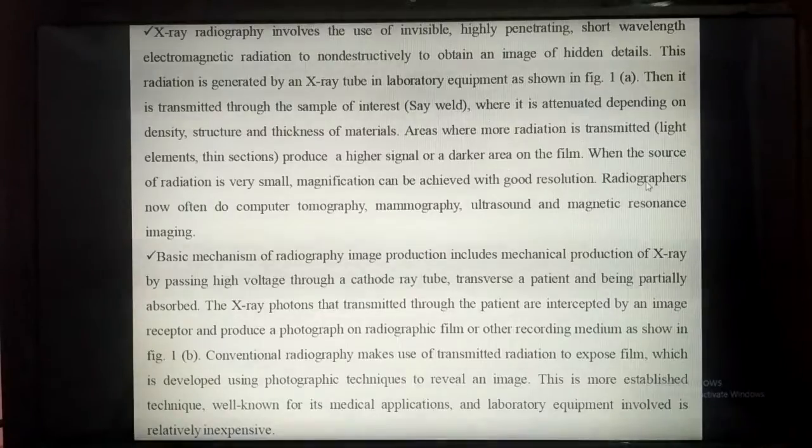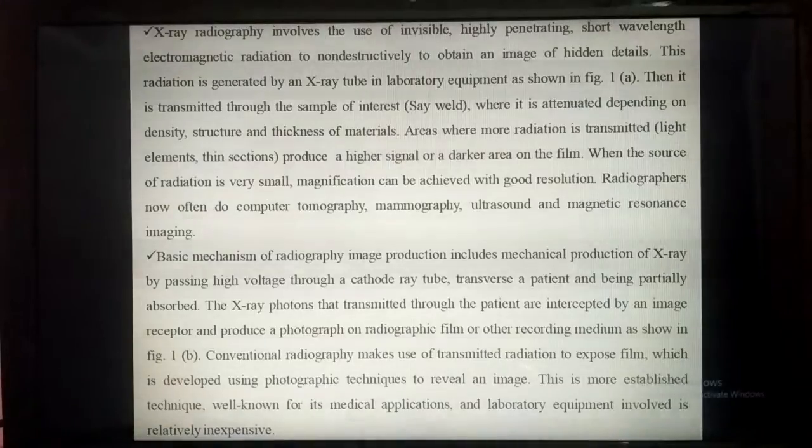Radiographers now often do computed tomography, meaning CT scan, mammography, ultrasound and magnetic resonance imaging. The basic mechanism of radiographic image production includes the production of X-rays by passing high voltage through a cathode ray tube, which are transmitted through the patient and partially absorbed.